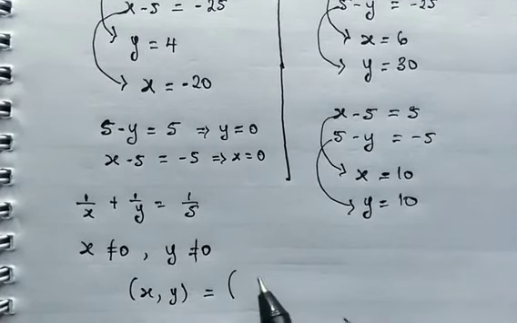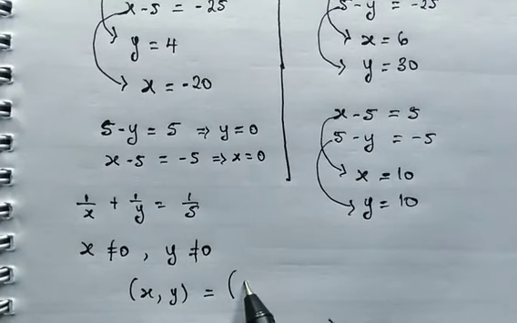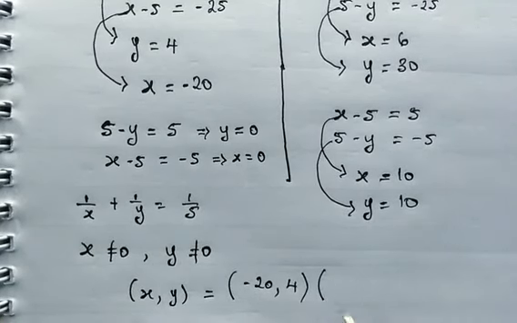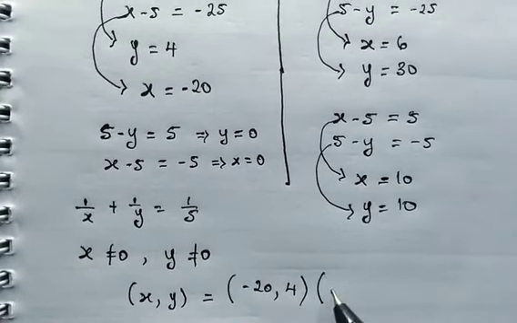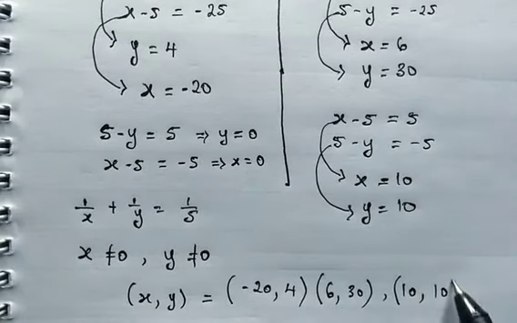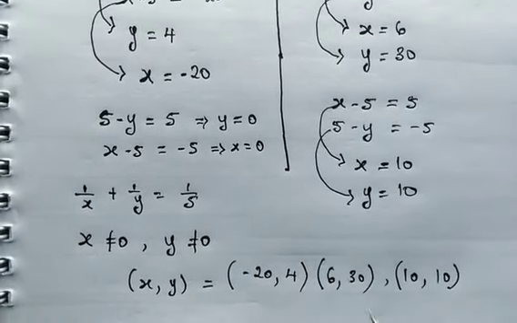We have the first solution right over here: when x is negative 20, y equals 4. And on the other side, we have where x equals 6, y equals 30, and we have also where x equals 10, y equals 10. And these are the only integral solutions.